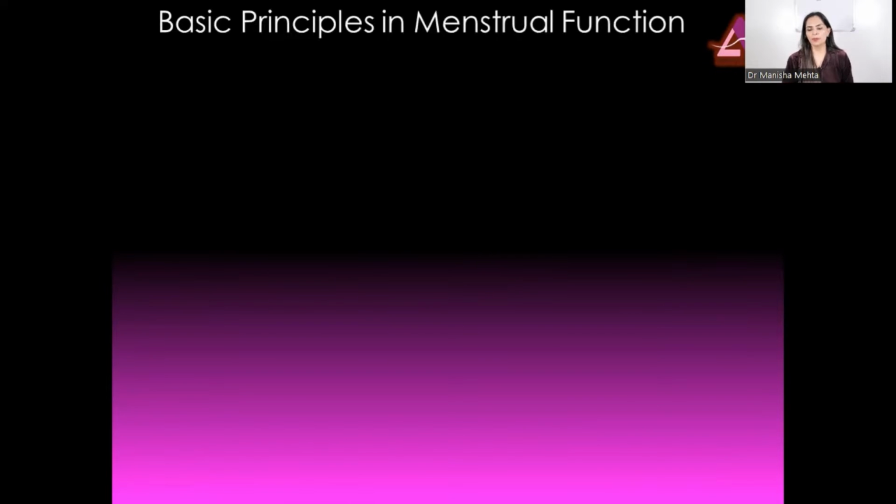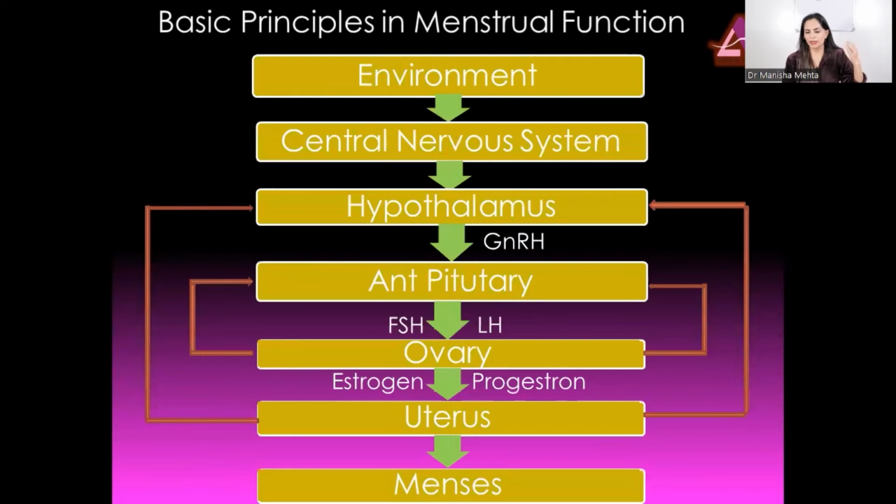We all know that the menstrual cycle starts from here. So we have hormones which are secreted by hypothalamus, and then the hormones act on pituitary, which will secrete FSH and LH. Now, this FSH and LH is going to act on ovary to produce estrogen and progesterone sequentially.